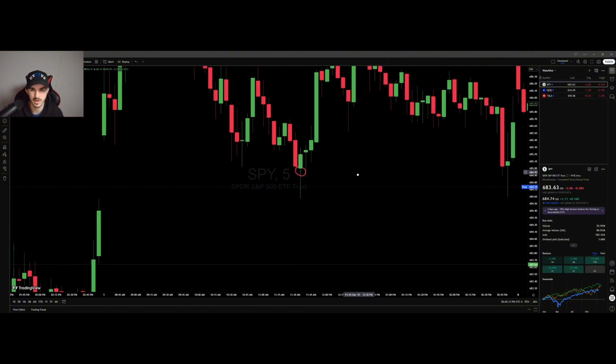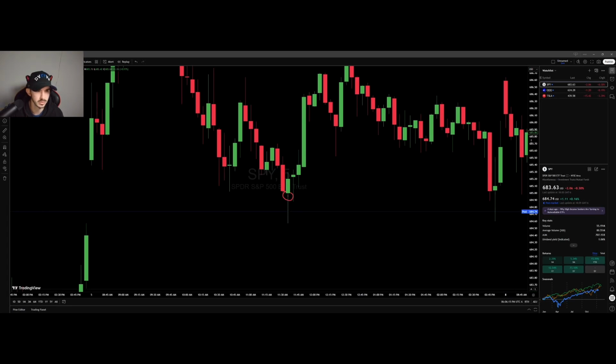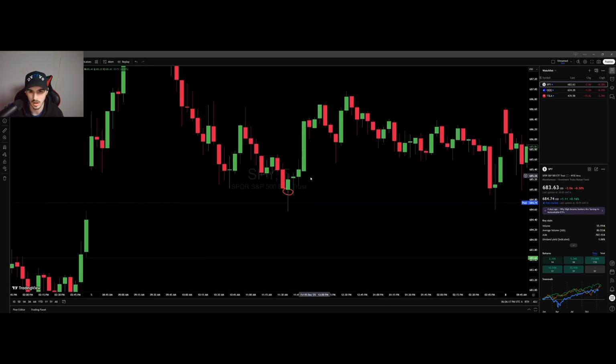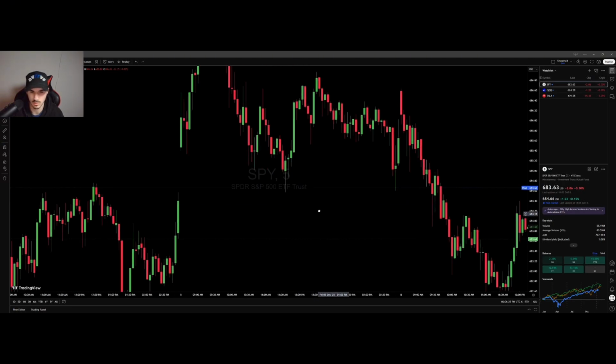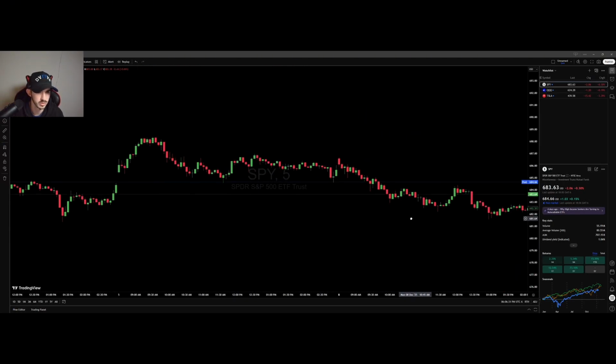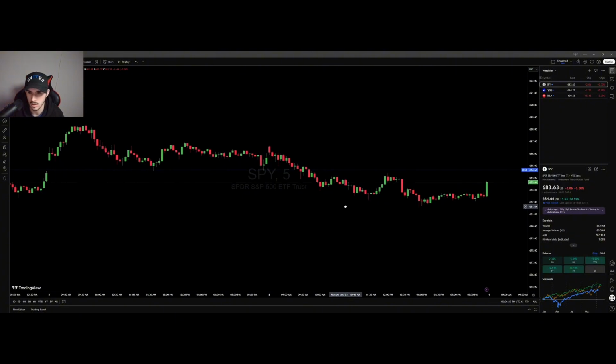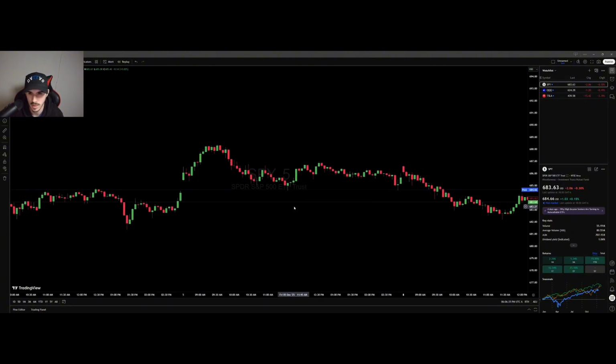Now, it's not perfect. Realistically, you would want little to no top wick and a pretty decent bottom wick. That one's decent, but I wouldn't take a trade just based off of that one. I want to see a good one where we actually have some good continuation. Try to find one.